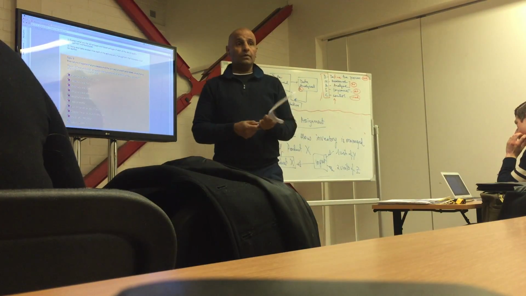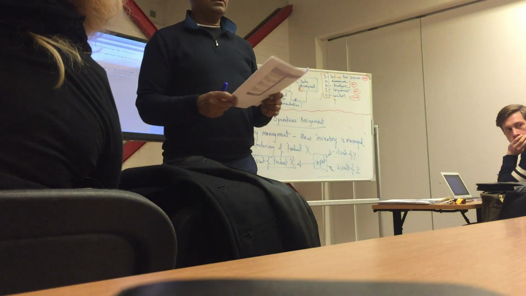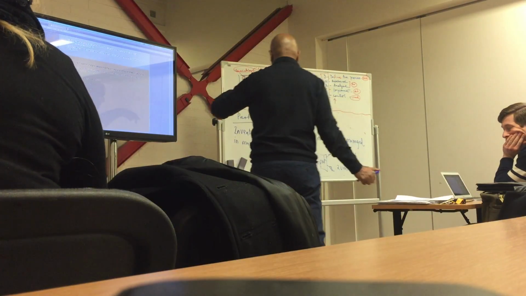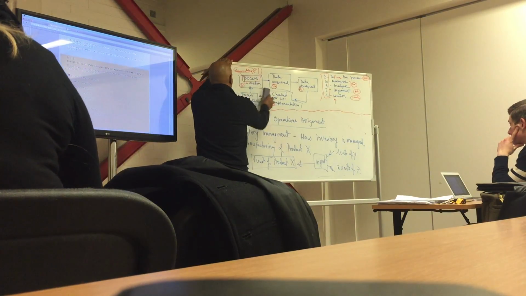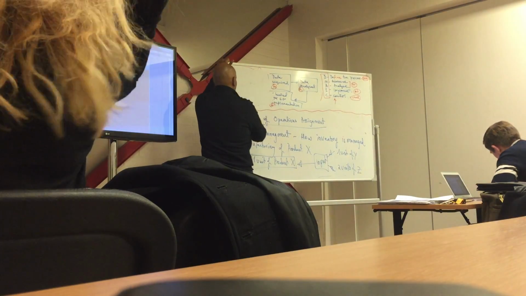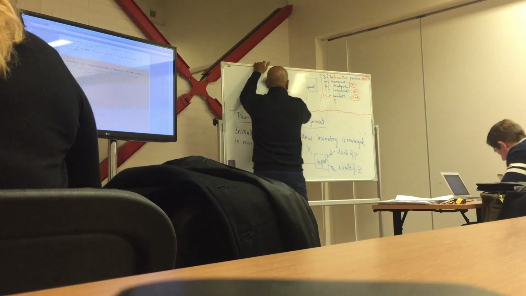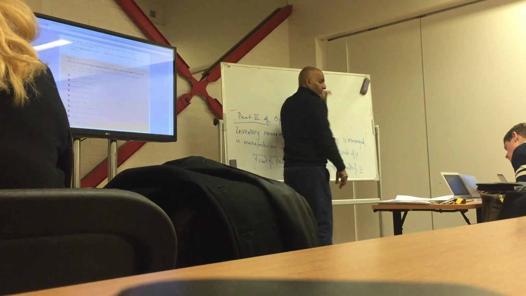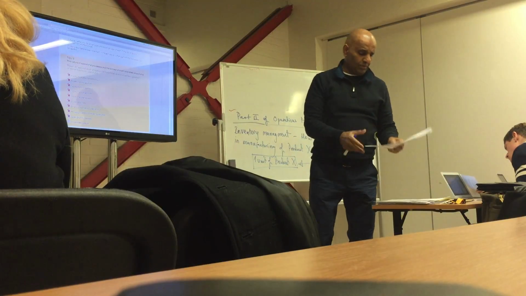You need to produce 1 unit of product X. How much do you need to produce? I'm going to write it up here. How much of this do we need? It's in the brief, but we can write it up here. So, how much needs to be manufactured?